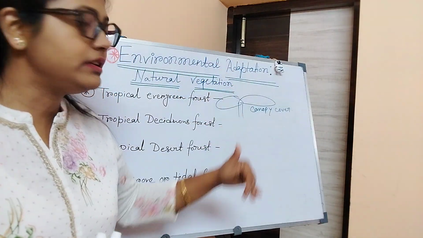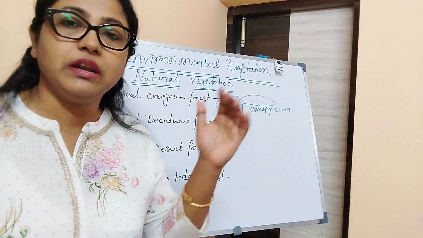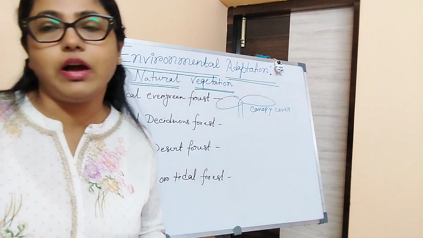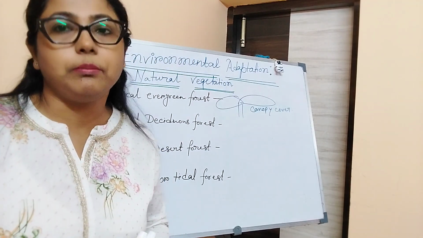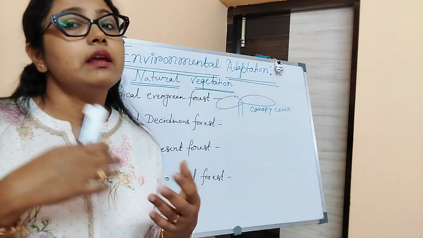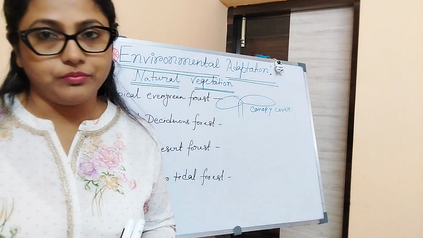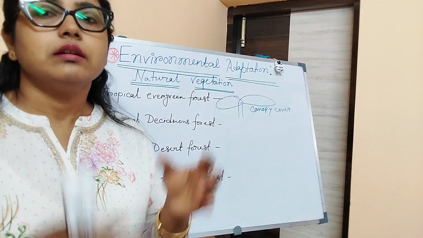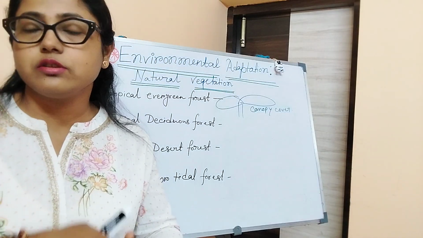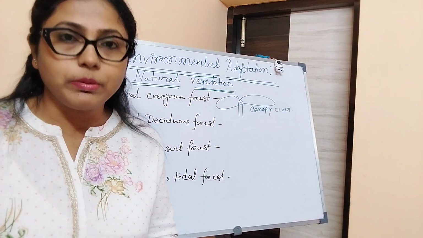Now sunlight cannot penetrate, or penetrates only a little, into the forest's inside environment. As a result, the forest inside will be dark and damp. Why damp? Because it receives so much rainfall, but sunlight cannot enter, so it doesn't get the scope of being dried up.